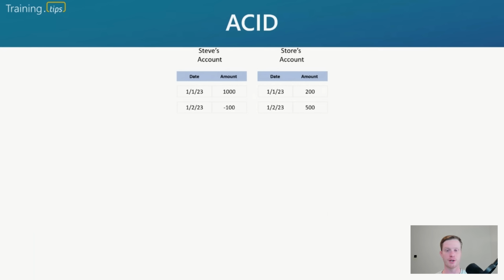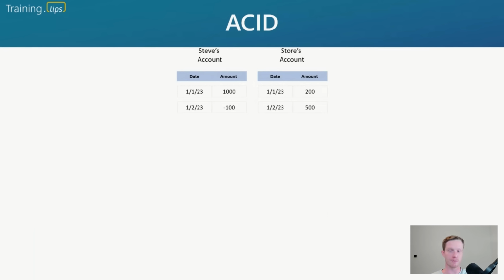So in Steve's account, he's deposited $1,000 and then spent $100 in the second row. So in Steve's account, if you sum this column up, you would currently have $900 left in the account. In the store's account, right, there's $700. So what would happen if we wanted to make a transaction?